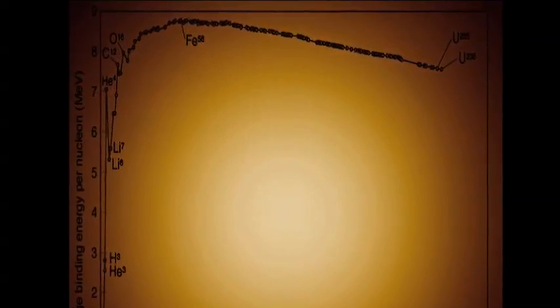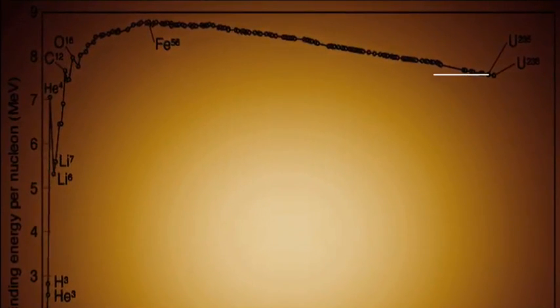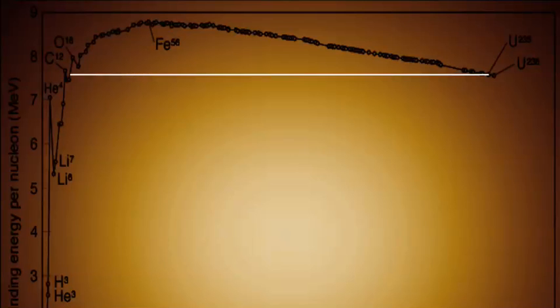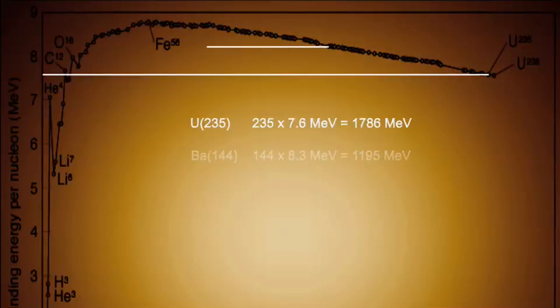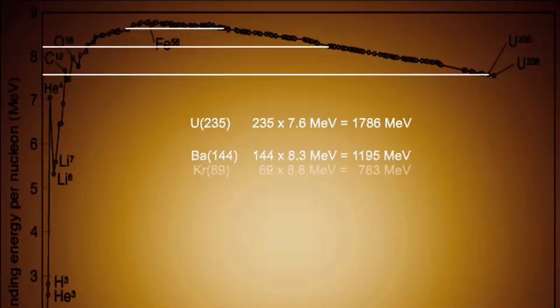Now let's consider what this means from an energy perspective. According to the binding energy chart, uranium has 7.6 MeV of binding energy for each nucleon, for a total of 1,786 MeV, while barium-144 has 8.3, and Krypton 89 has 8.8.